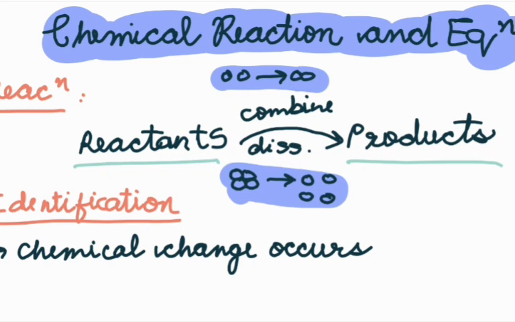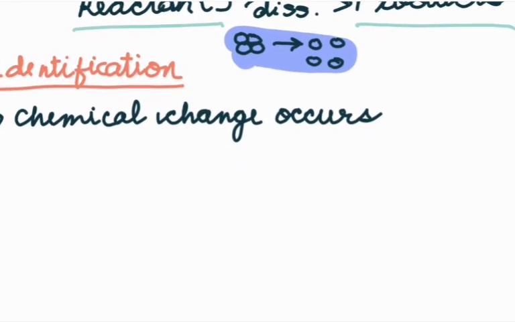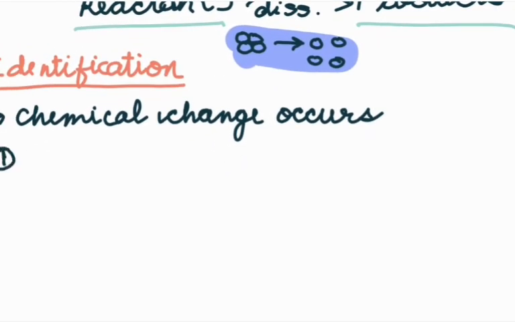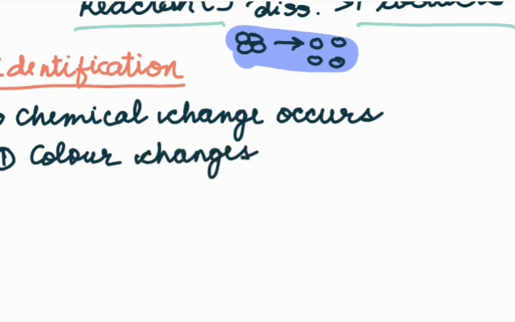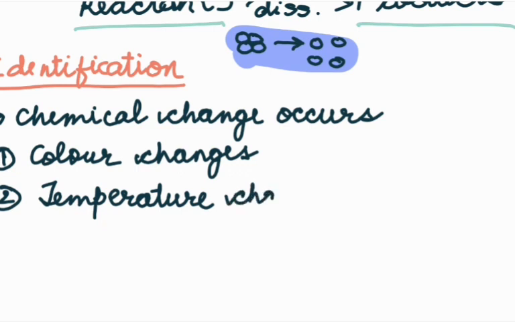Now how to know this? We will be seeing various things. First of all, there can be color changes. We can also have temperature changes. Anything can happen: we can have color change, temperature change, or the evolution of a gas.